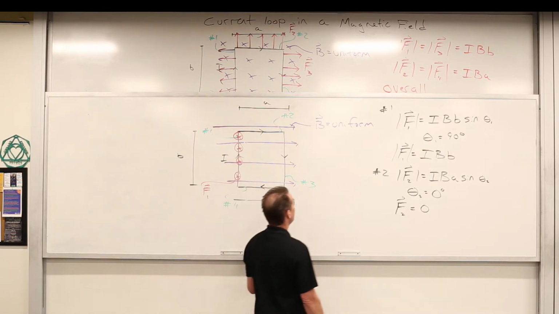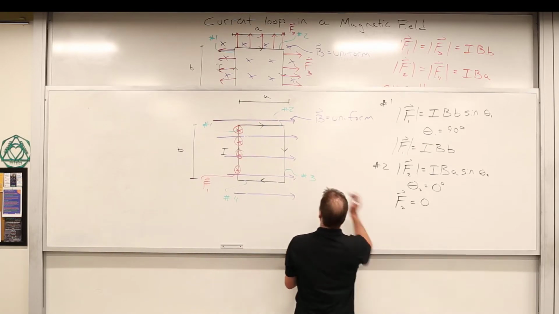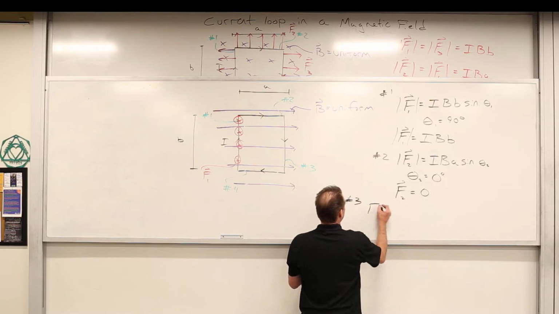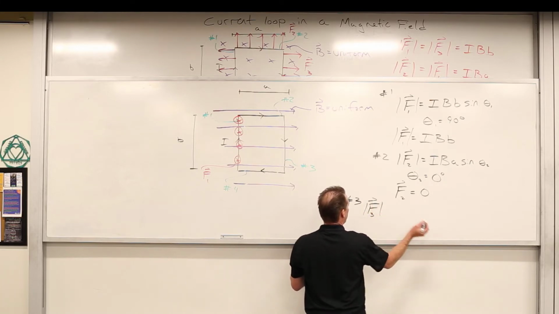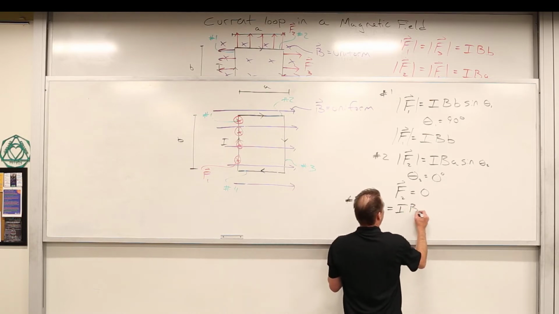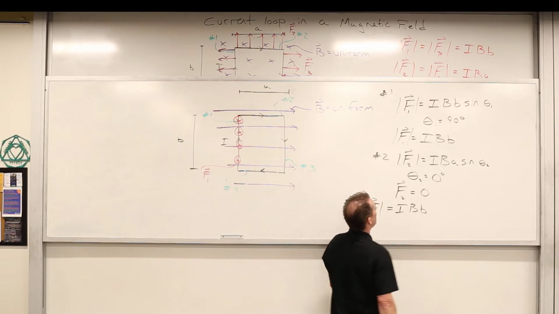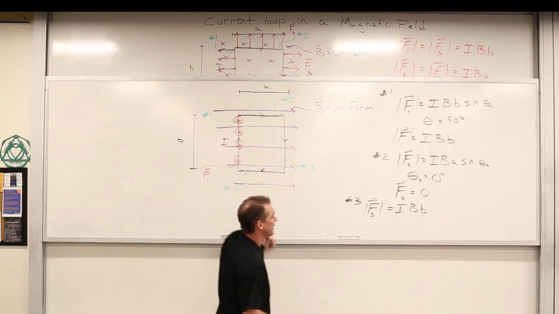Interesting, yes. Moving onward, we got this segment number 3. The magnitude of the force distributed across segment number 3 will be equal to the current multiplied by the magnetic field multiplied by the length of that segment, which is B, times the sine of the angle between them.